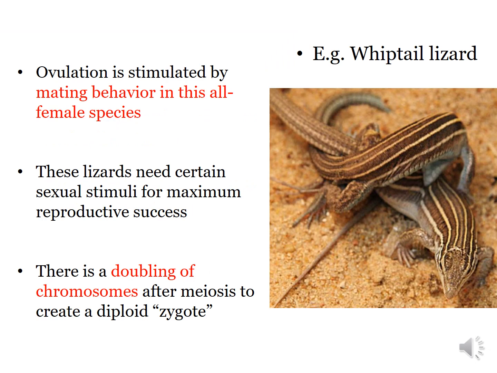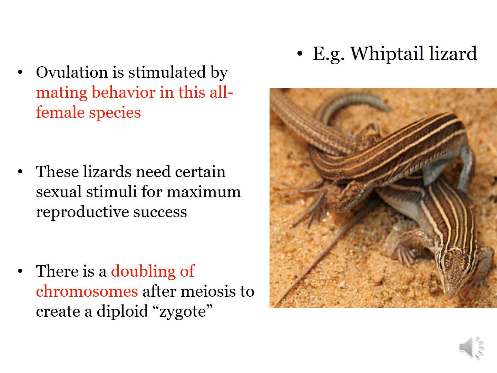New Mexico whiptail is a female-only species of lizard. In other words, the whole population is only females. Due to the absence of males, this all-female population has managed to reproduce by parthenogenesis. How?